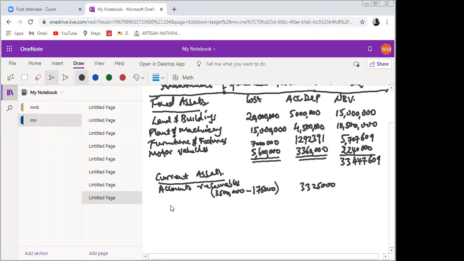So we have a prepaid what? Insurance. Prepaid insurance was 300,000. And then we also have prepaid rent, which is amounting to 460,000.